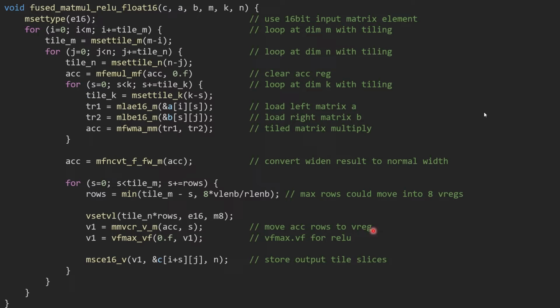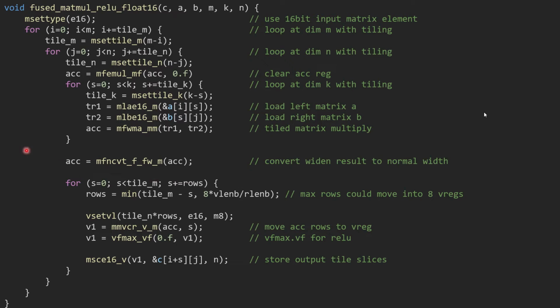Here is another example which fuses the matrix extension and vector extension. The above part is the same as the previous example, which shows the process of the tiled matrix multiplication.